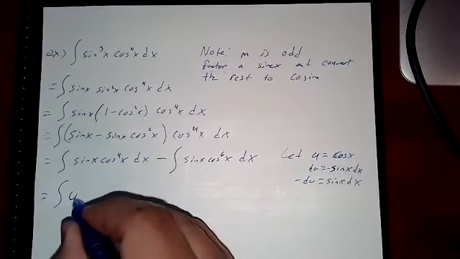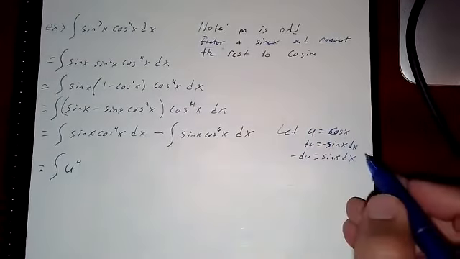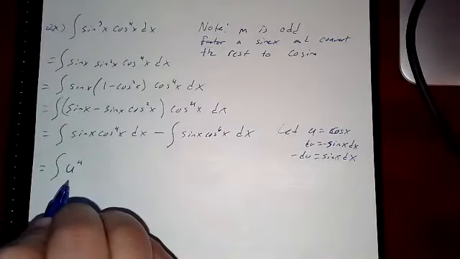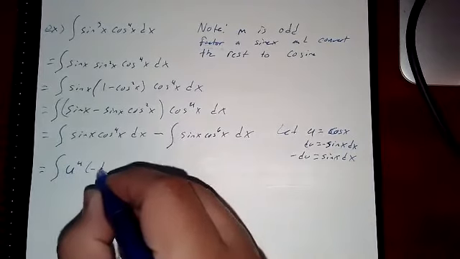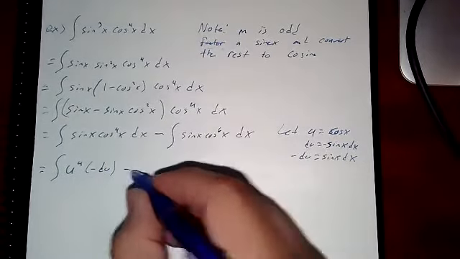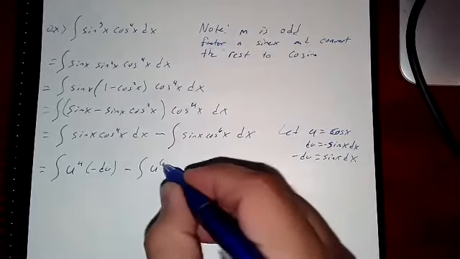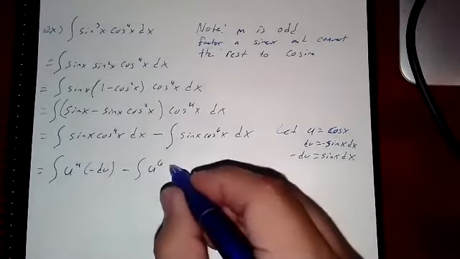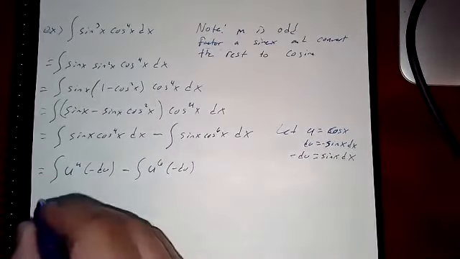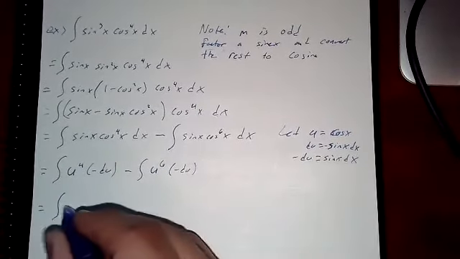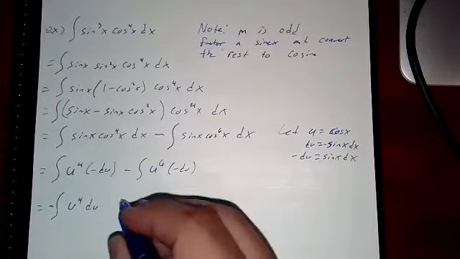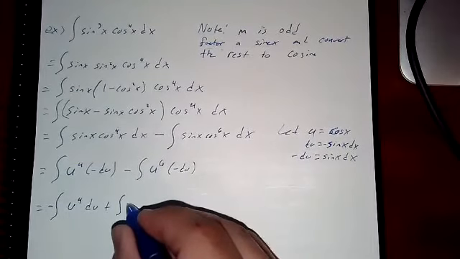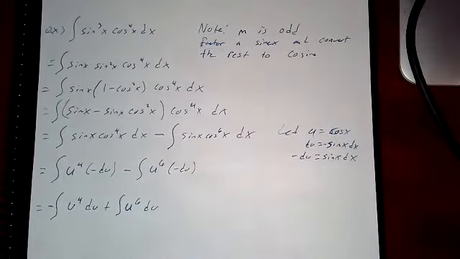Because we'll have u to the 4th, because that's cosine, and sine x dx is negative du. Minus the integral of u to the 6th negative du, which will be negative u to the 4th du plus integral of u to the 6th du.